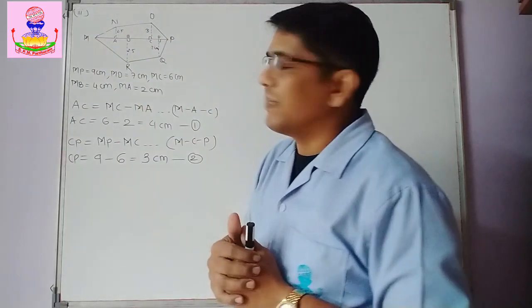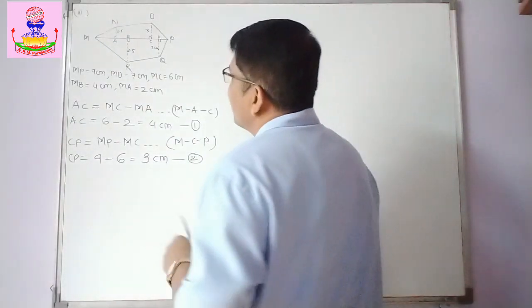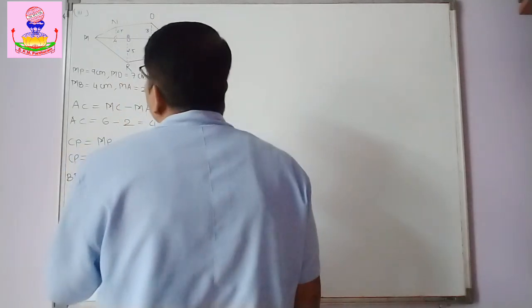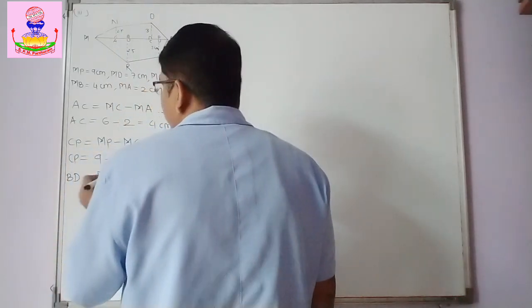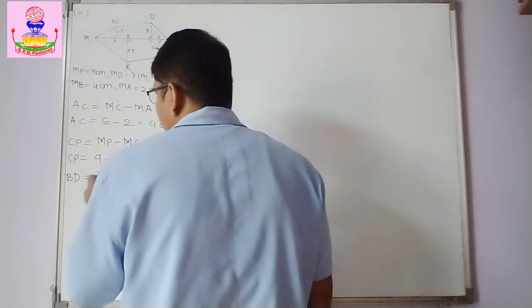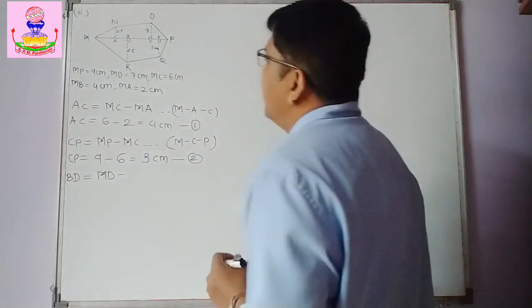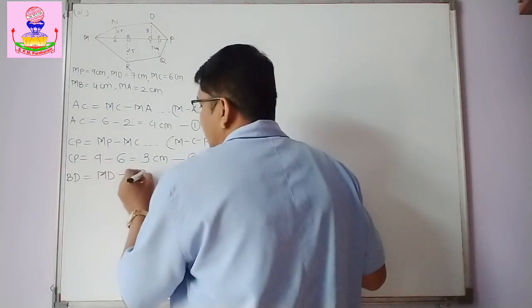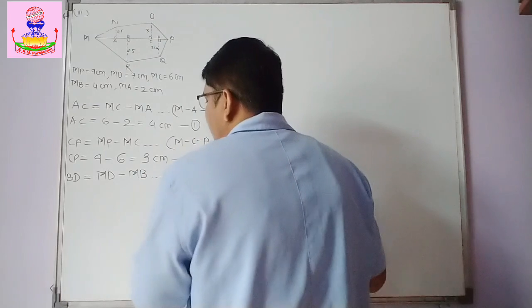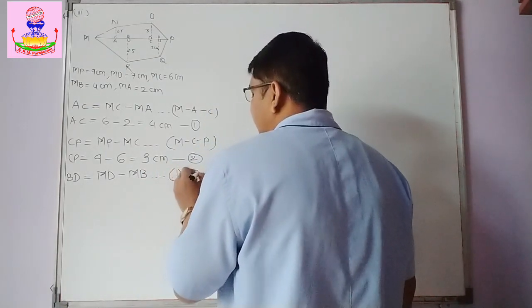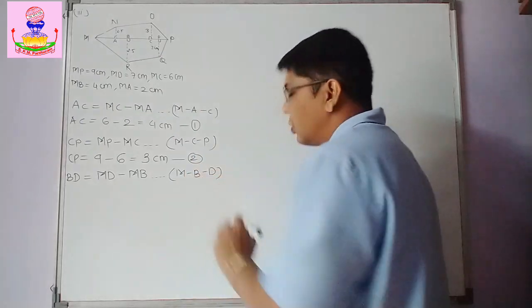So MD minus MB, that is equal to BD. So, BD is equal to MD minus MB.